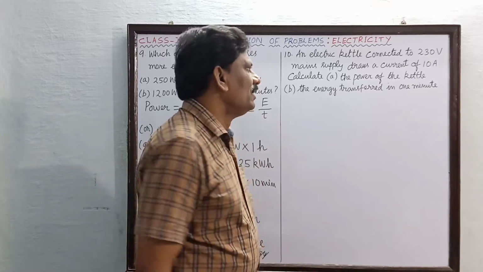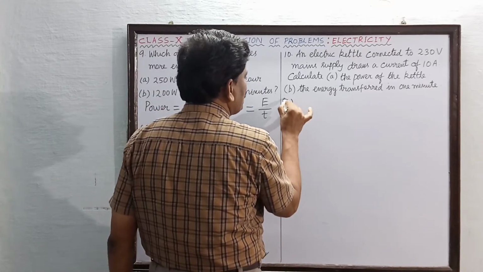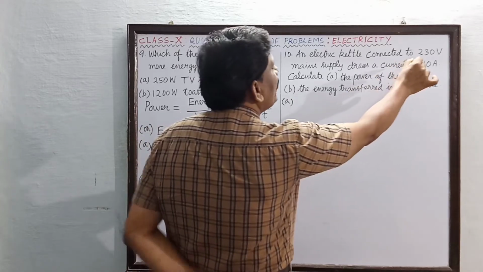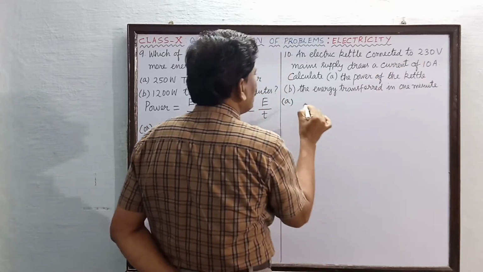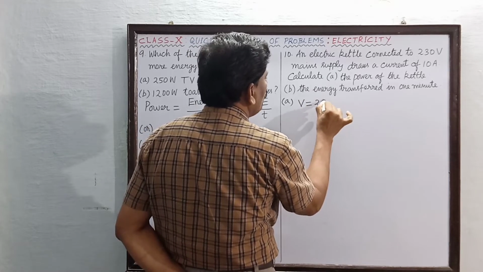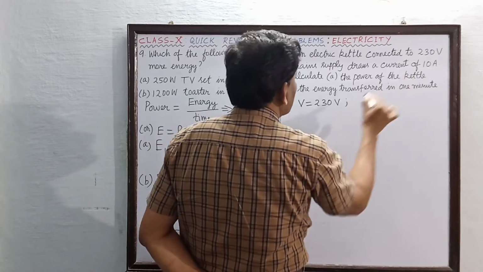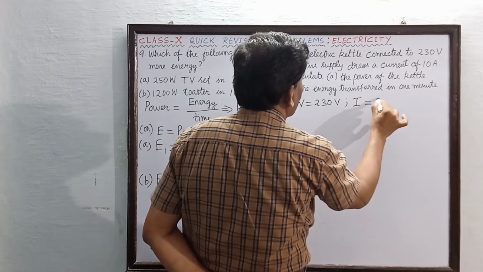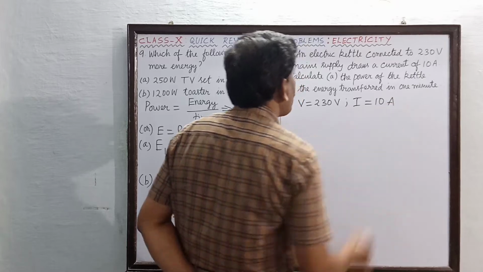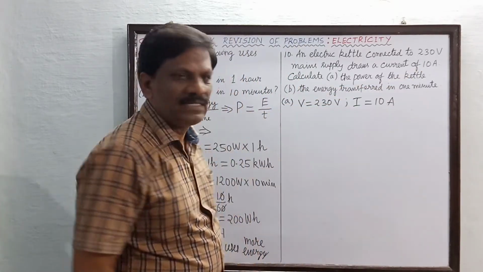For the first subdivision, V is equal to 230 volt, and the current is given as 10 ampere. The power of the kettle is asked.